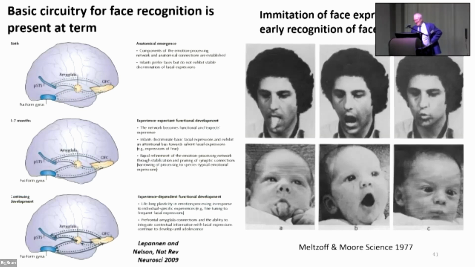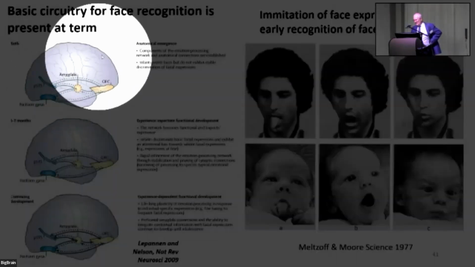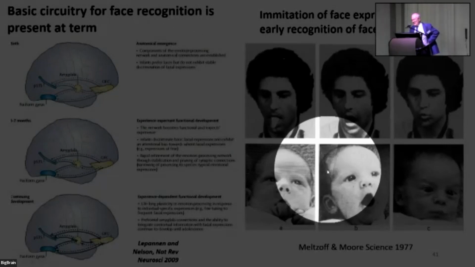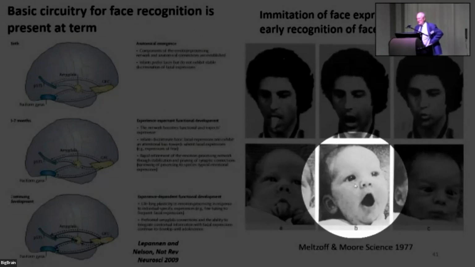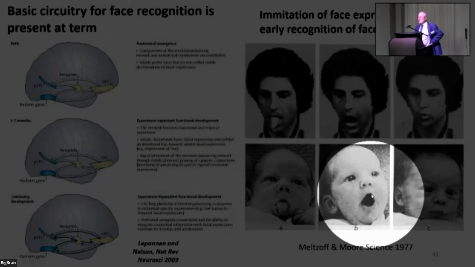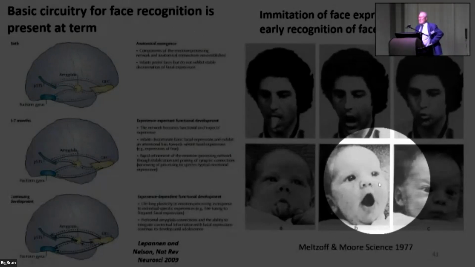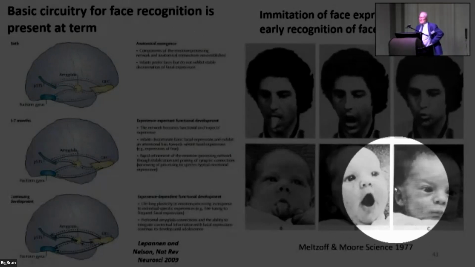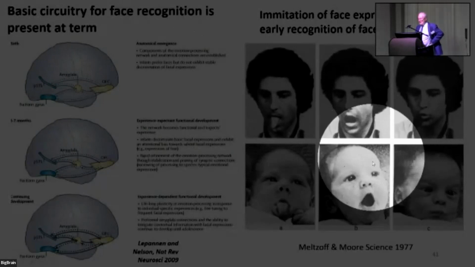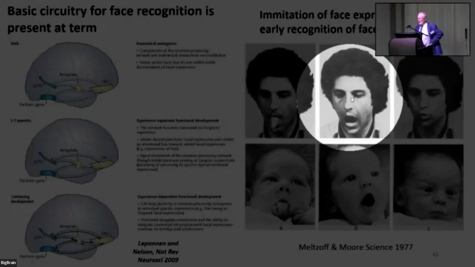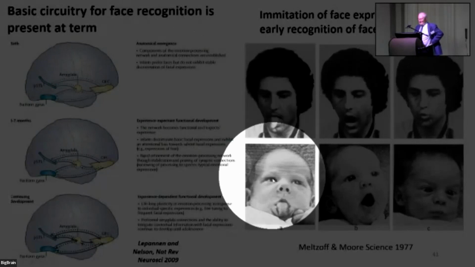And although I don't completely believe this paper, a baby can definitely recognize a face, not the mother's face at birth, but a face as an object, and can eventually imitate, you know.